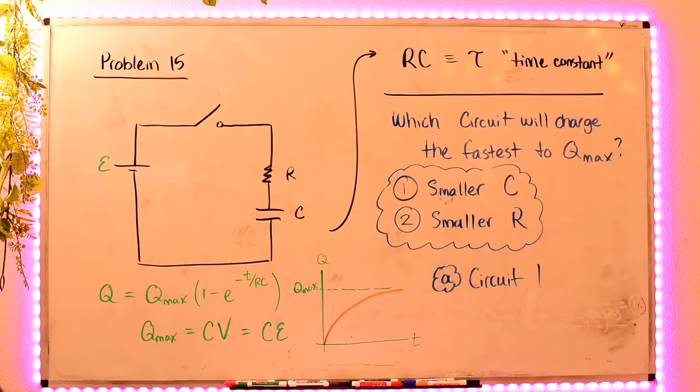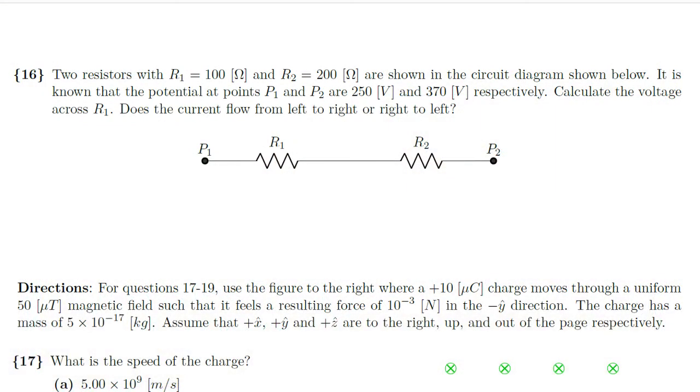Our last circuit problem here. Let's go to this. 16. 2 resistors with resistance 1 being 100 ohms and resistance 2 being 200 ohms are shown in the circuit diagram below. It is known that the potential at points P1 and P2 are 250 and 370 volts respectively.